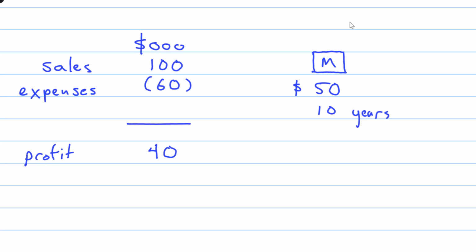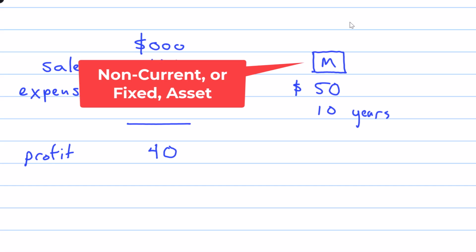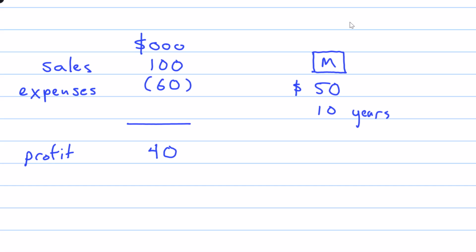We're going to take our machine, which is going to last more than 1 year. It's a long-term asset, so that's a non-current asset. What we're going to do is match this cost to all the accounting periods where it will provide benefit.